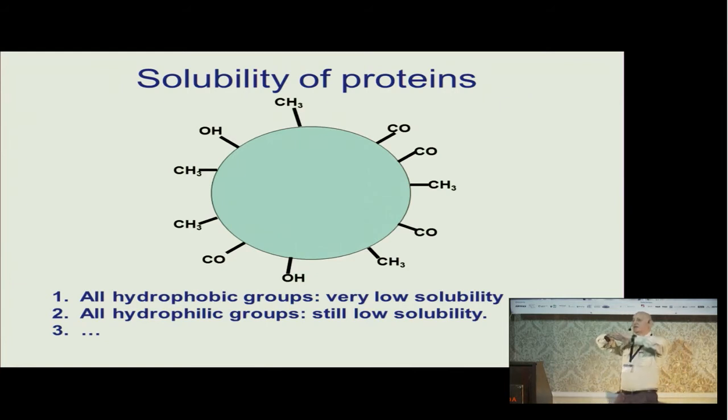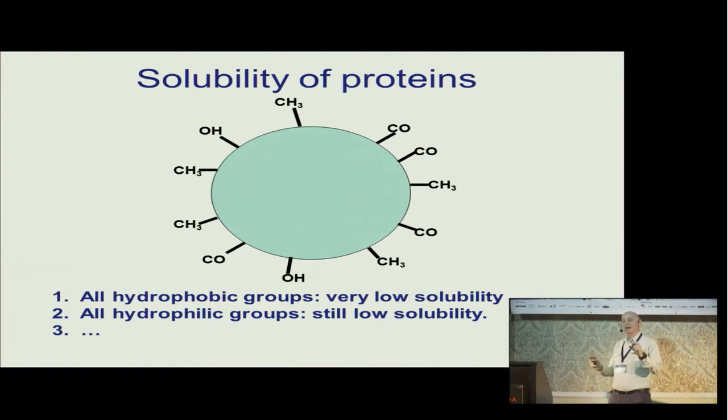So if you have a huge hydrophobic molecule, its solubility will be 10 to the minus 100 or even less, maybe one molecule in all the oceans in the world.